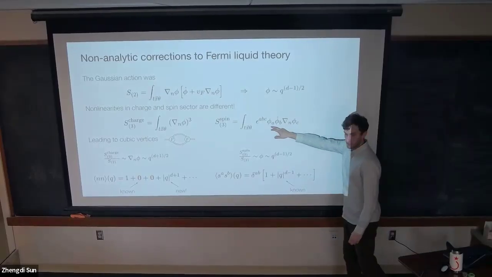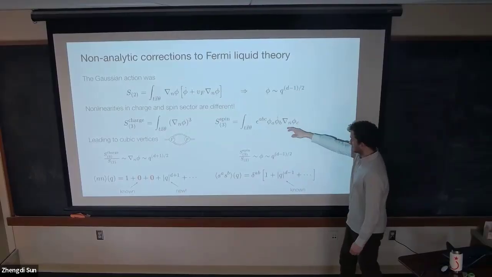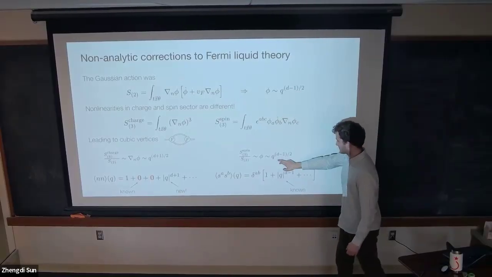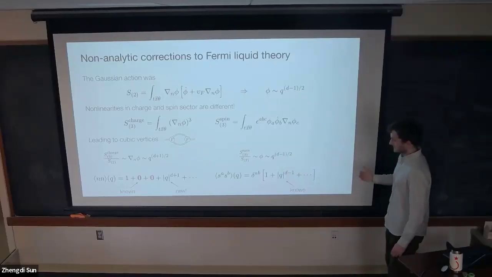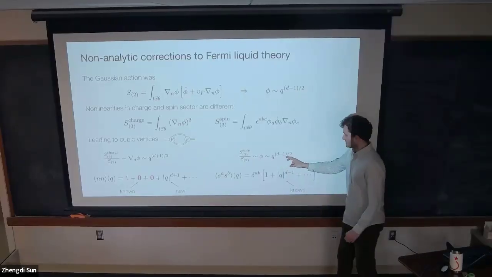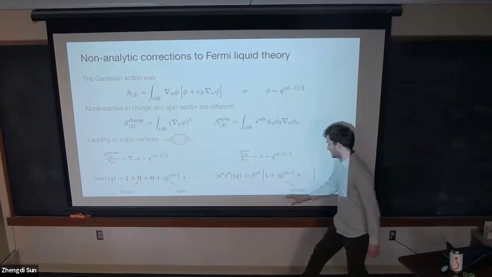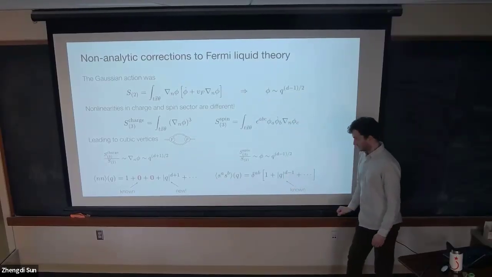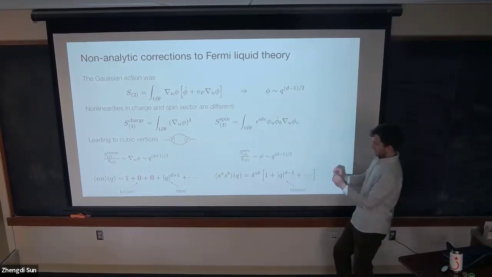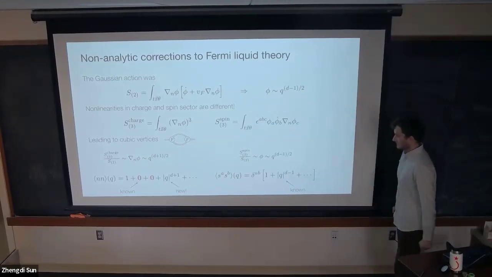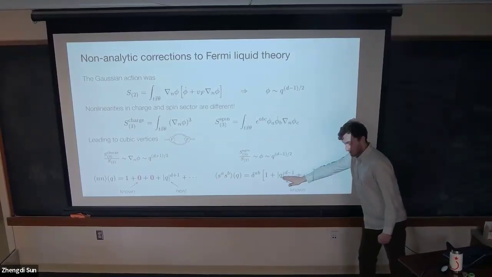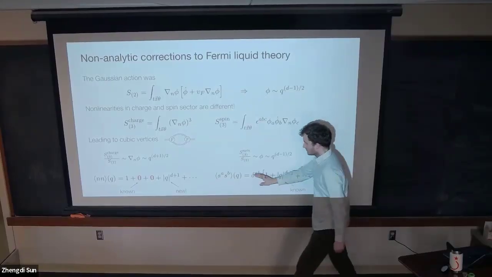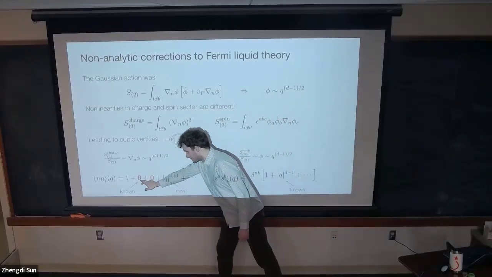And the interactions have fewer derivatives, which leads to less suppressed nonlinearities. In this context, cubic nonlinearities are a little bit less irrelevant. And so the loop correction, which requires two of these nonlinearities, has this power of Q compared to the leading term. This was actually known from the fermion description. It's a specific free loop diagram that you compute, and people had computed it and found this power law. They had also computed it in the charge sector and found zero.